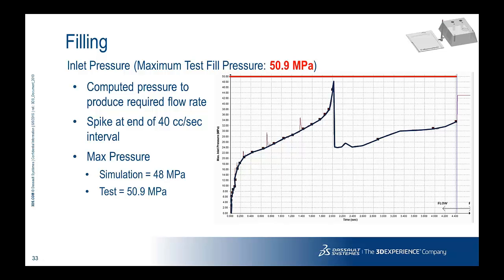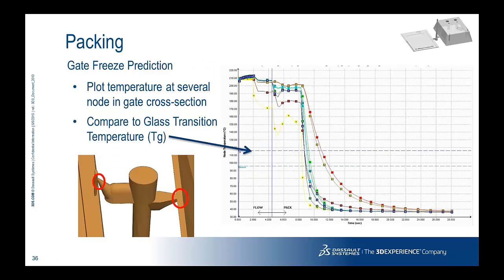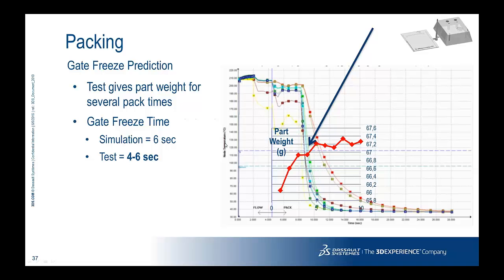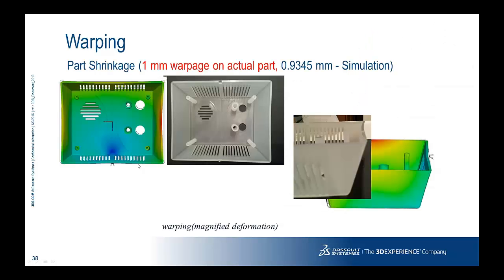For the packing, the plot temperatures are set near the gates and very similar to the profile that we saw earlier with the demonstration. Also from the gate freezing time, the simulation is predicting 6 seconds and the test is saying 6 seconds. So very similar to the simulation.